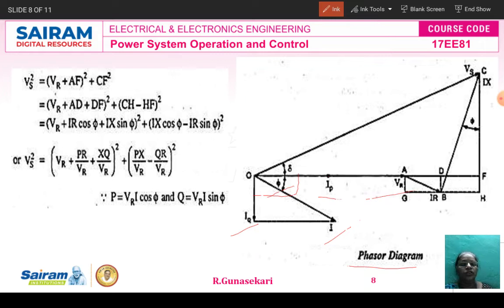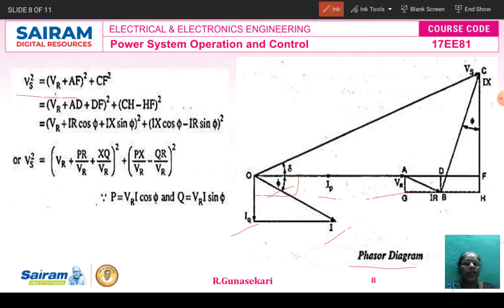Now from the phasor diagram, Vs squared is equal to (VR plus AF) the whole squared plus CF squared. In the vector diagram, AF is AD plus DF.